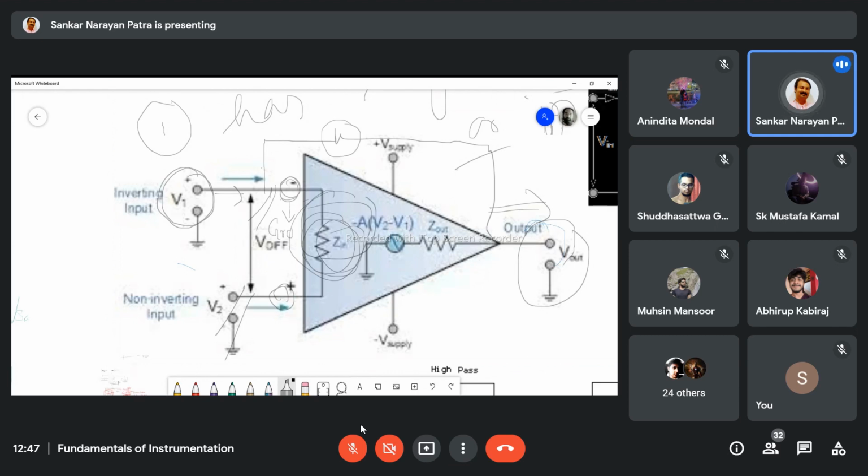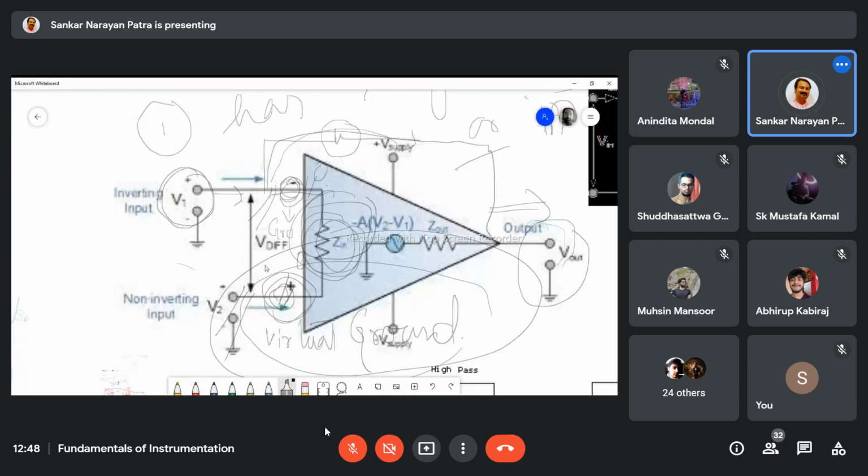Most of the current follows the lowest impedance part. Then there is no current passing through this resistance, so the voltage across this one will be zero. Similarly, the voltage here will be zero. And that's why it is called virtual ground.